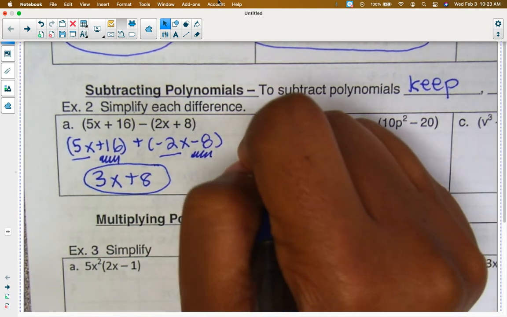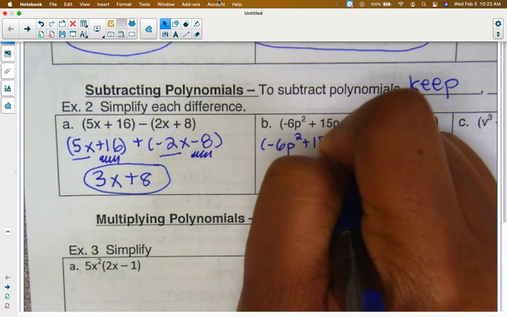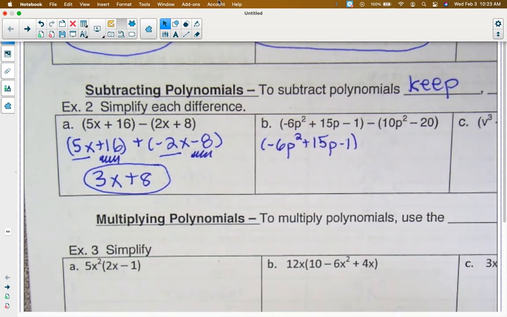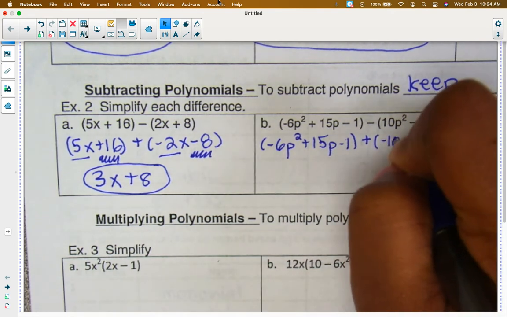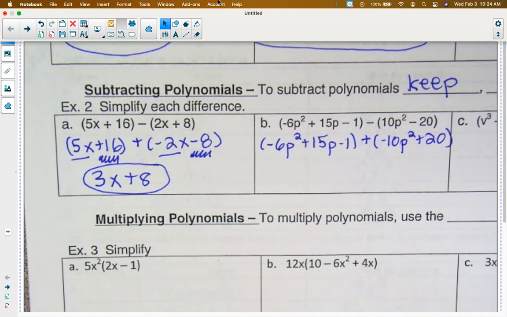We're going to keep it, change it, change it. Keep, change, change. Keep the first one, change the sign, change the signs of everything.